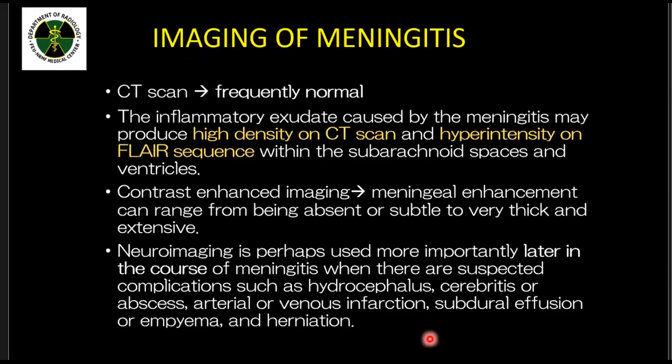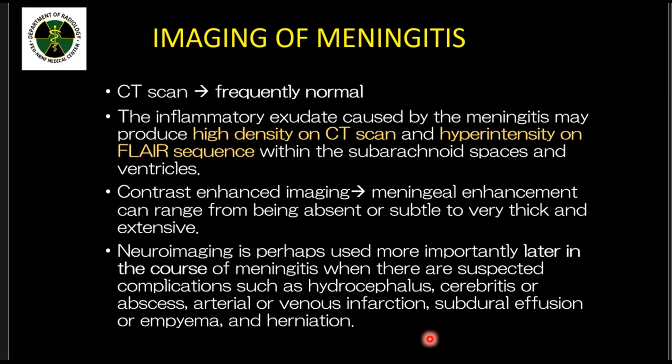For imaging of meningitis, always remember that a CT scan performed in the emergency setting can show a normal image. The inflammatory exudate caused by the meningitis may produce a high density, or white, on CT scan and hyperintensity on the FLAIR sequence. So always look at FLAIR for meningitis.